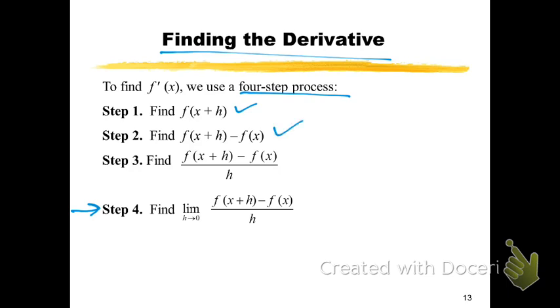Then we take the difference, f of x plus h minus my original function. The next step is to divide by h, so this is that average rate of change. And the last step is to take the limit of what we have done in step 3, and this is equal to my f prime of x, or the derivative of the function.